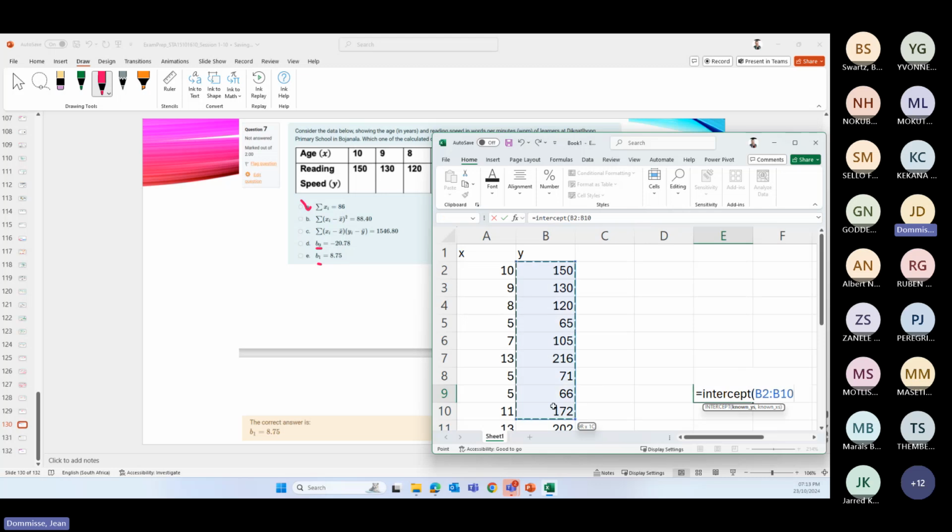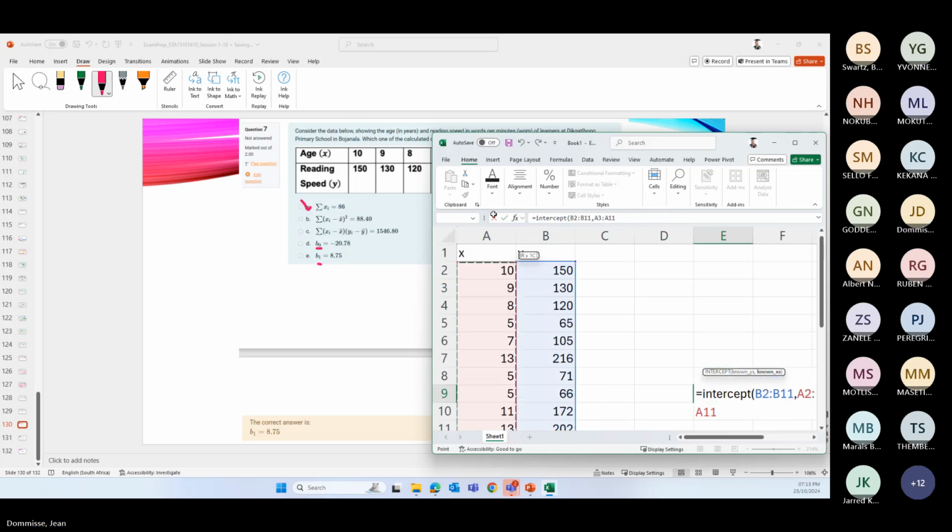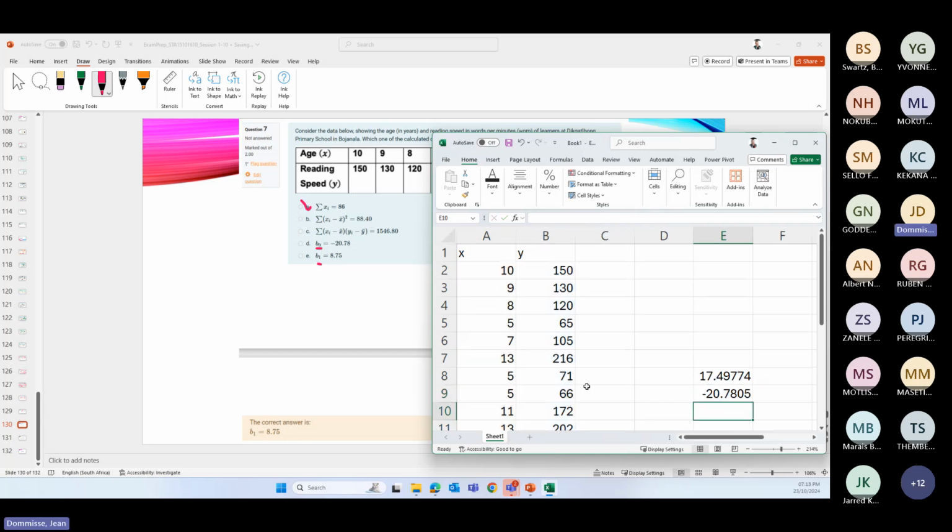Again, y values first, x values second. And where you can see B1, B0, B1 is also the slope, B0 is also the intercept.